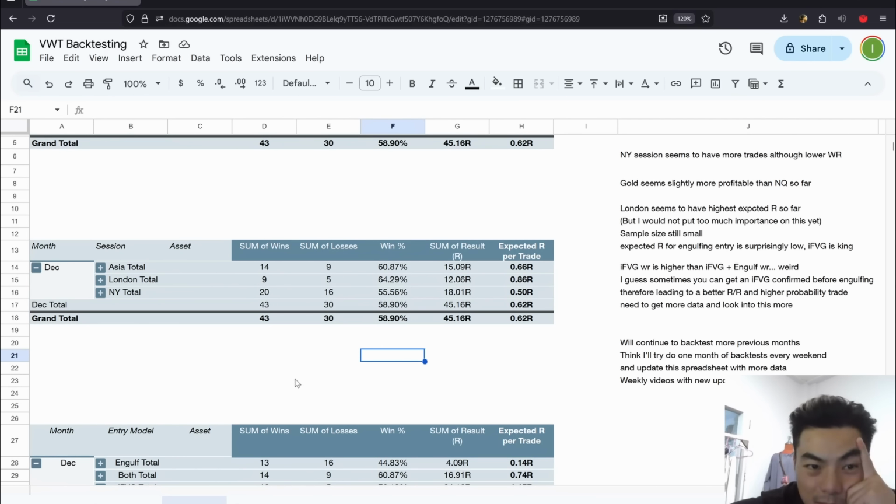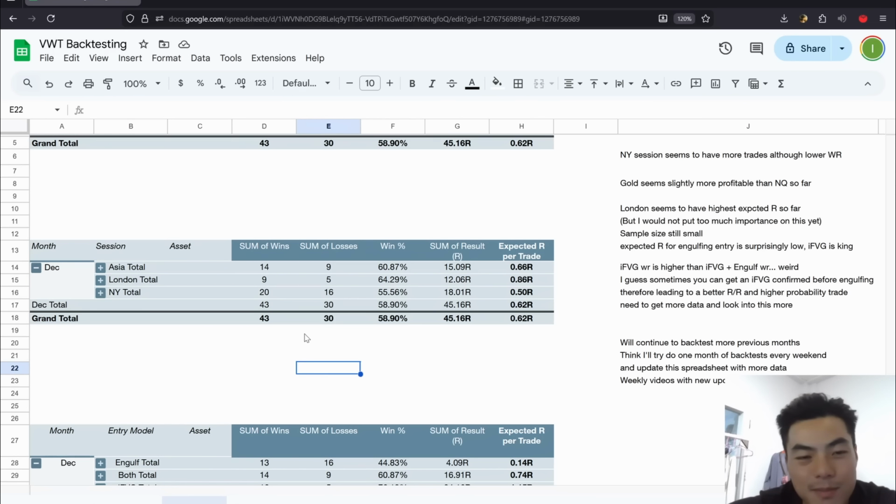We've got it broken down by the different sessions, because I was really curious as to which sessions we should trade. Most of us have things to do outside of the charts and we don't want to look at screens all day. So I think it's important to figure out which sessions are most profitable. Of course, this is still a small sample size, and I'll need to add more as we go, but London is surprisingly the most profitable session so far.